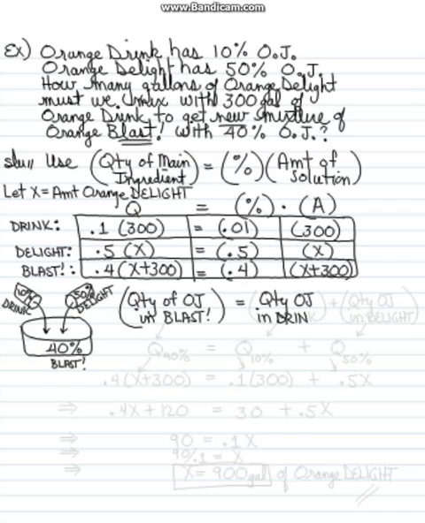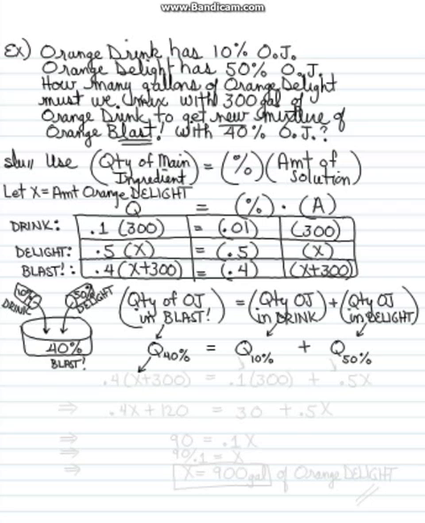Okay, so let's write this in symbols. Q sub 40%, that's the quantity in the blast, is equal to Q sub 10% plus Q sub 50%. So the quantity of orange juice is coming from those two sources. Okay, well, what is Q sub 40%?